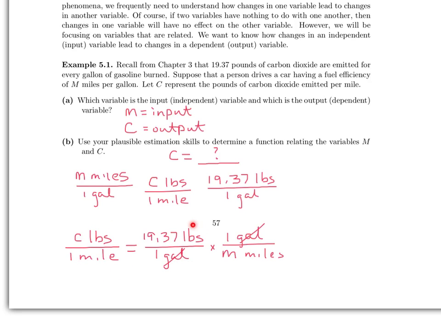The units on the right-hand side are now pounds per mile also. If I rewrite this equation without the units, I arrive at C equals 19.37 divided by m. And this is our function equation that we will use for this example.